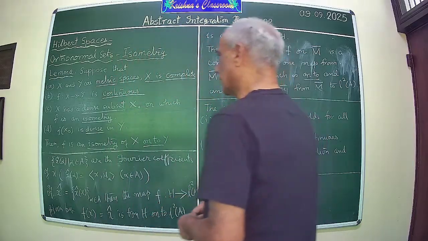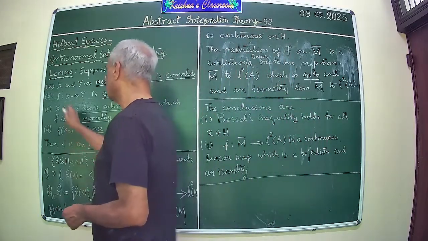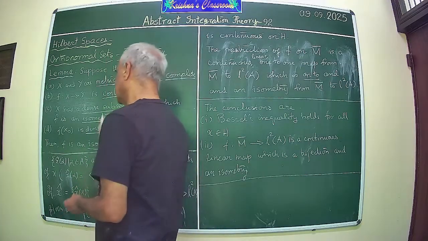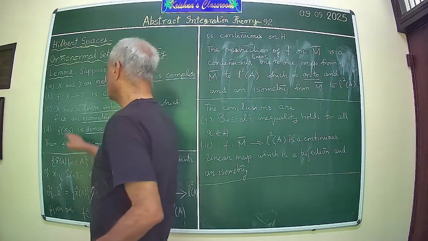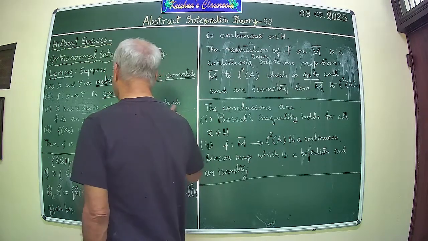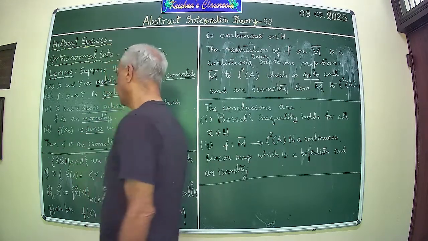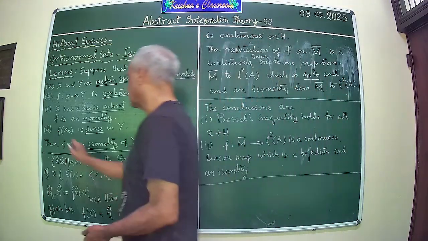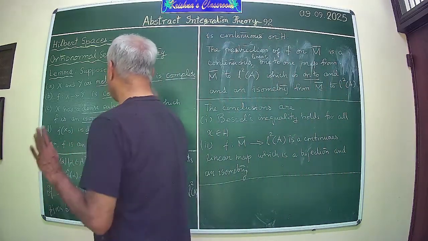The second assumption is that f is a continuous map from X to Y. X has a dense subset X naught, and f of X naught is dense in Y.